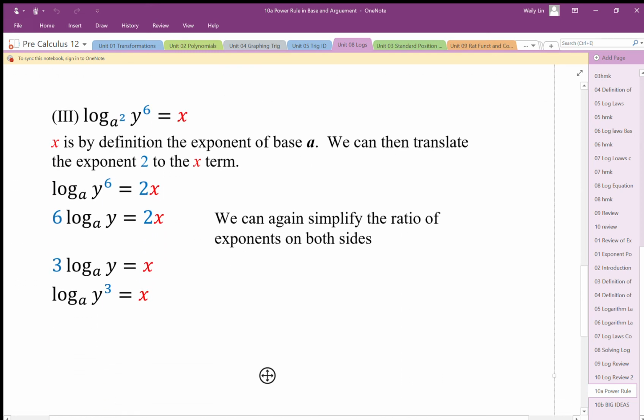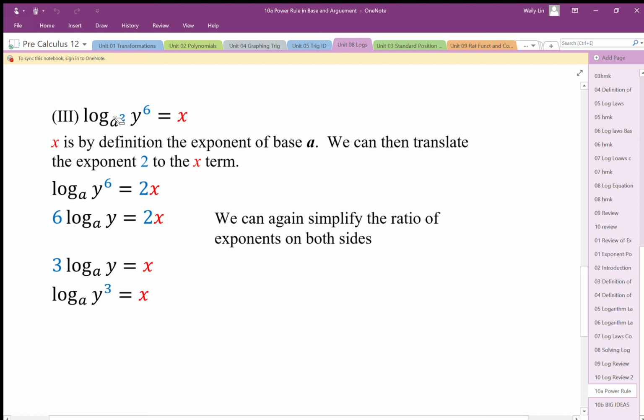We can also do this by the definition of exponent of base A. So if I look at this as a base A exponent, okay, I can then say that this base exponent can go onto the log, because that exponent, the x there, is the exponent on this base.